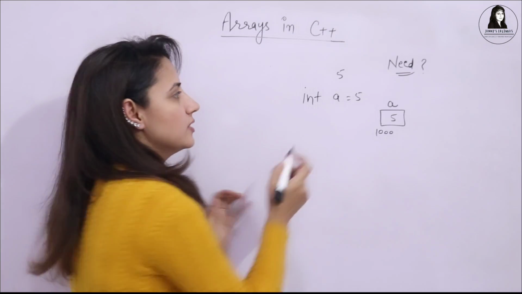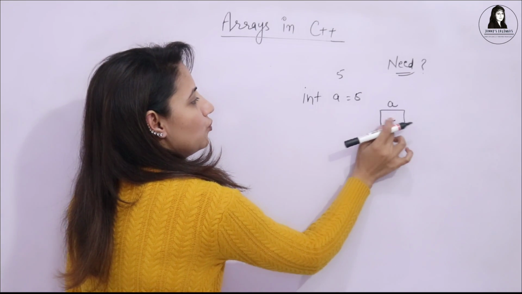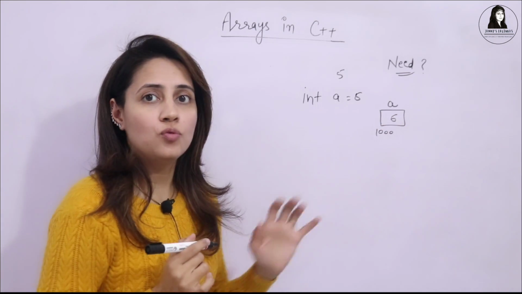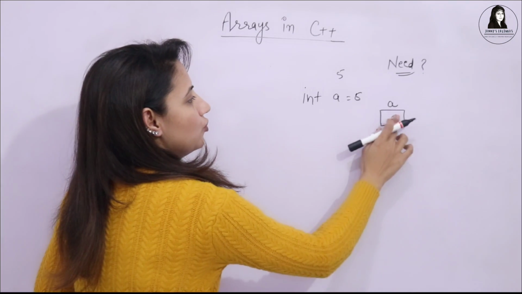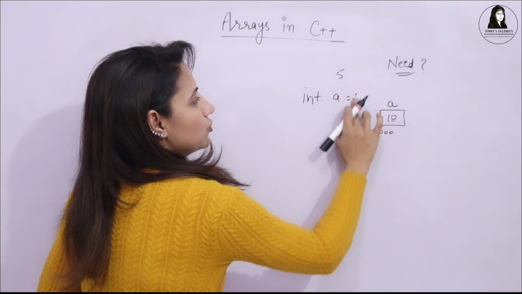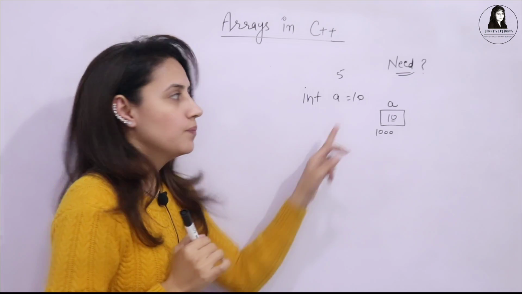But if I want to store 6, then the previous value would be erased and 6 would be stored. If you want to store 10, the previous value would be erased and 10 would be stored, in the same variable.